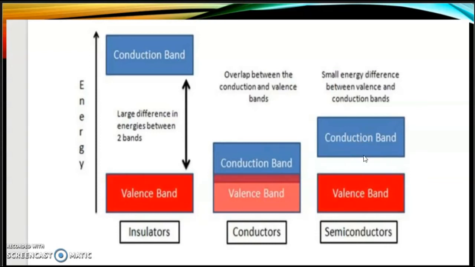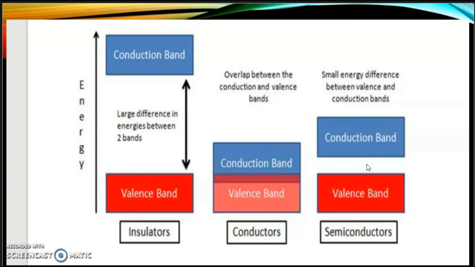So this is why we are saying the semiconductor's ability lies between a conductor and an insulator, because it has a very small forbidden gap. So you just need to apply a little amount of energy to overcome the forbidden gap.